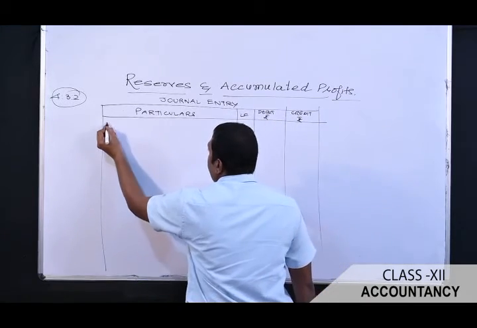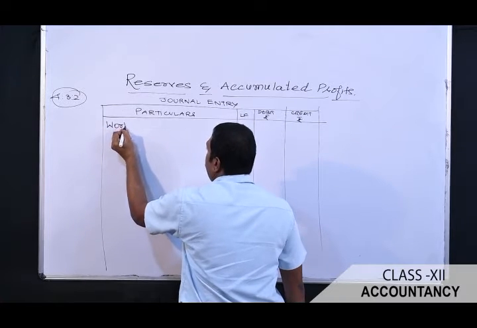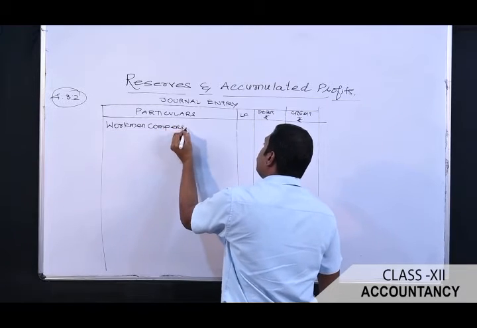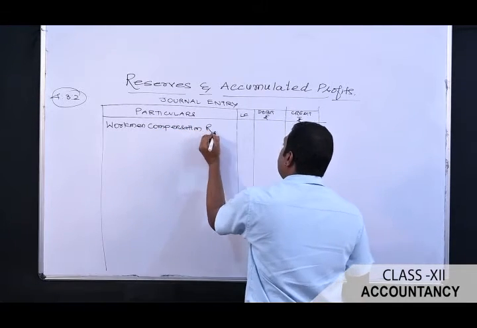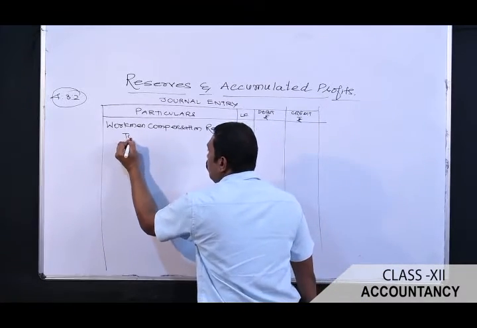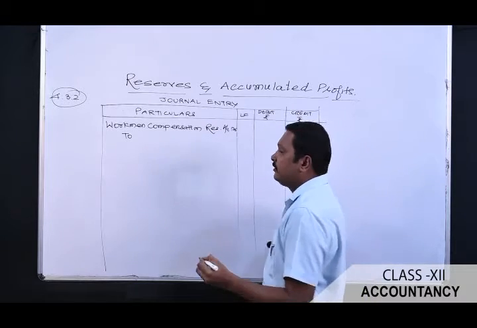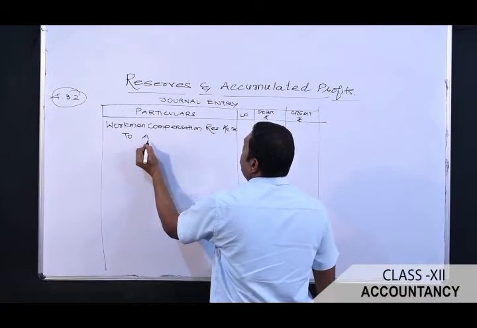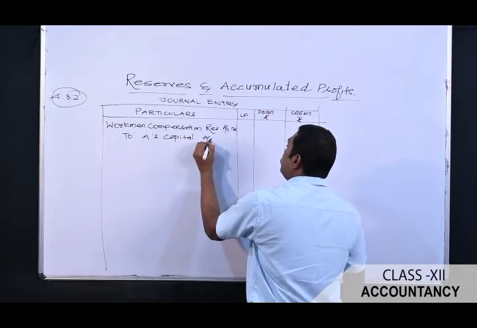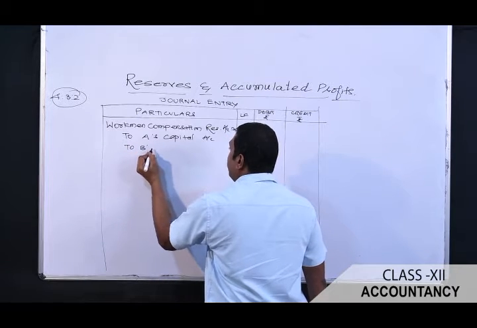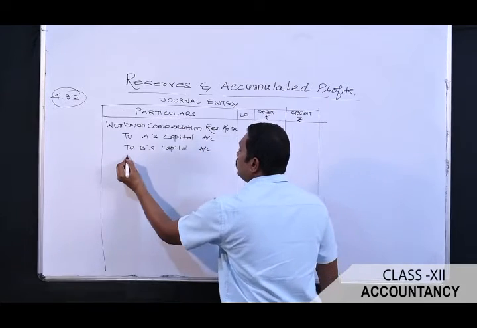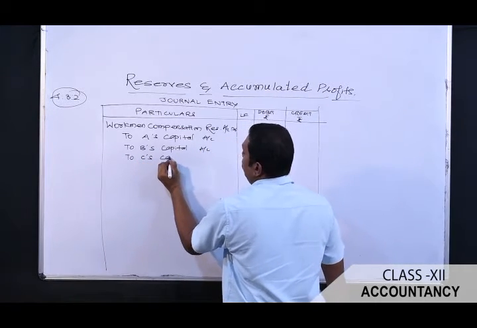So, distribute it. The entry will be workman compensation reserve account debit, to A's capital account, to B's capital account, to C's capital account.